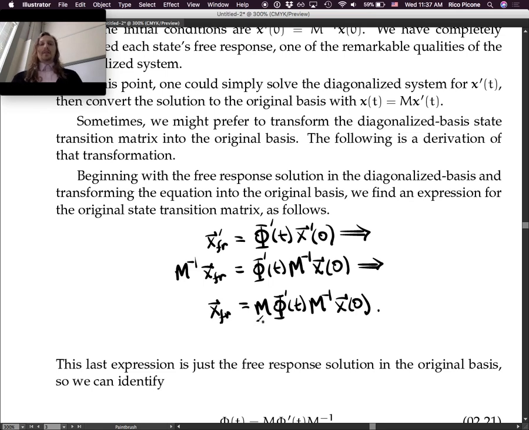So this last expression is just a free response of the original basis state vector, right? So x equals something times the initial condition is this expression in the unprimed variables. So whatever this matrix is that multiplies the initial condition has to be the unprimed state transition matrix, the coveted unprimed state transition matrix.